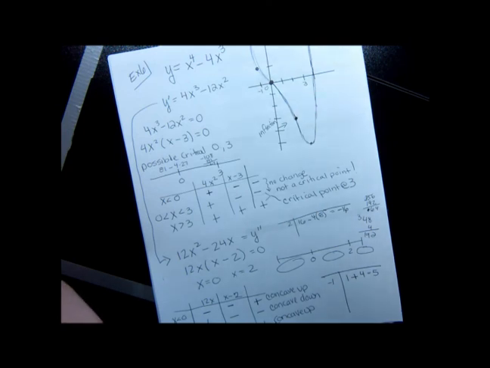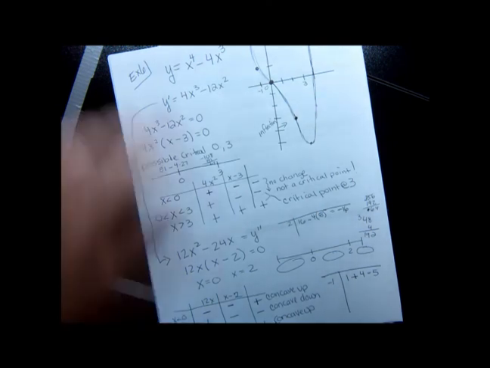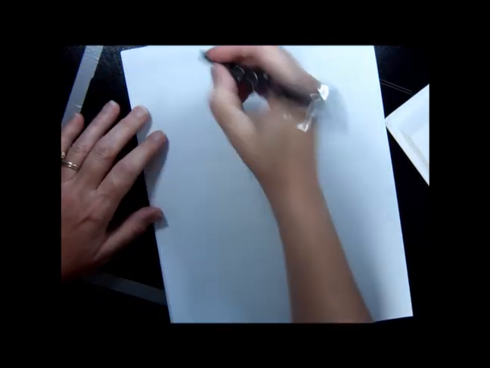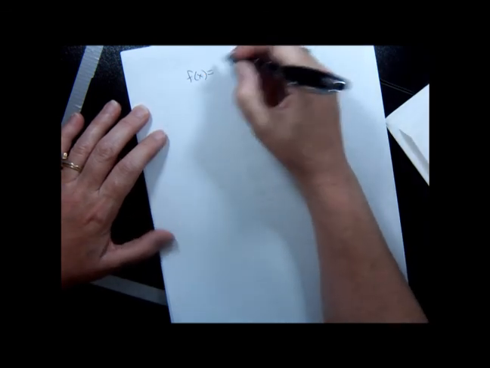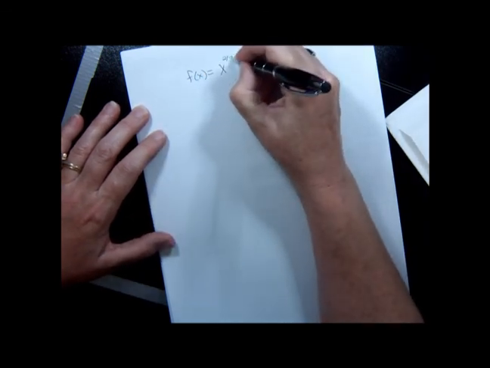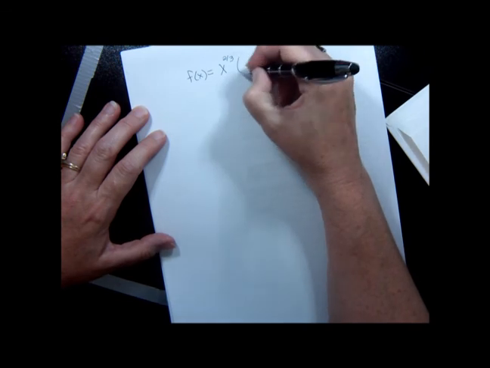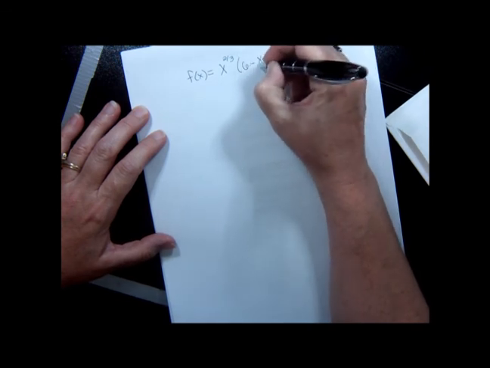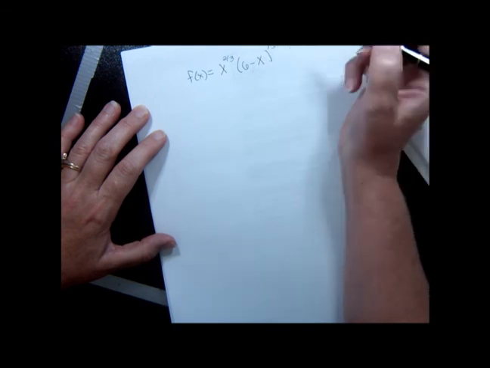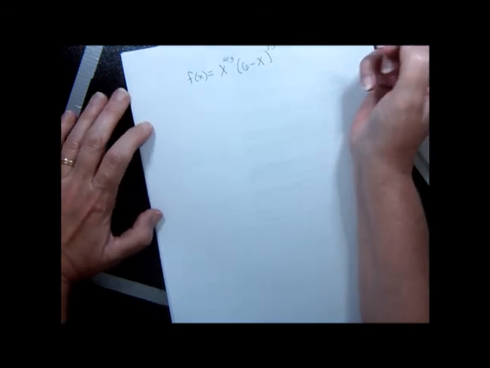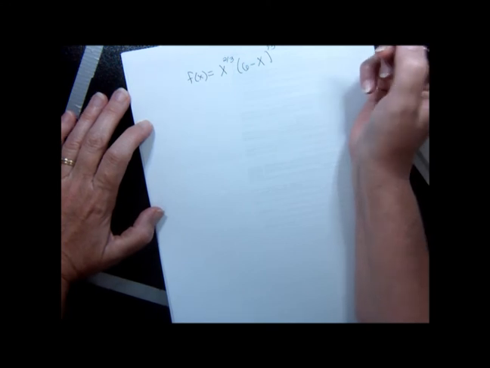We'll take a look at example 7. f of x equals x to the 2/3, 6 minus x to the 1/3, and we're going to calculate the first two derivatives and possibly sketch the graph.